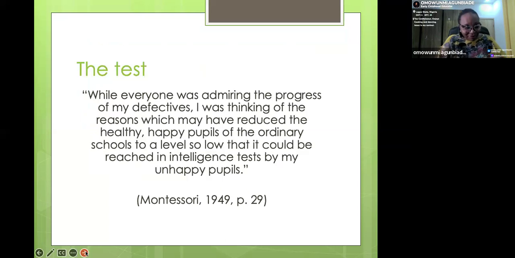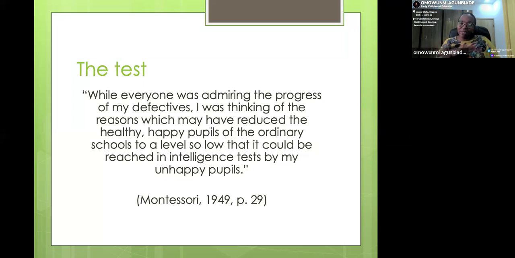So that's the secret with the Maria Montessori method and her story. All right, so I'm jumping now because I want us to see, while everyone was admiring the progress of this, a quote from her book: "I was thinking of the reasons which may have reduced the healthy, happy pupils of the ordinary schools to a level so low that it could be reached in intelligence tests by my unhappy pupils."